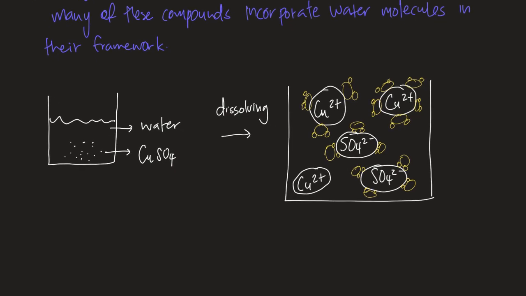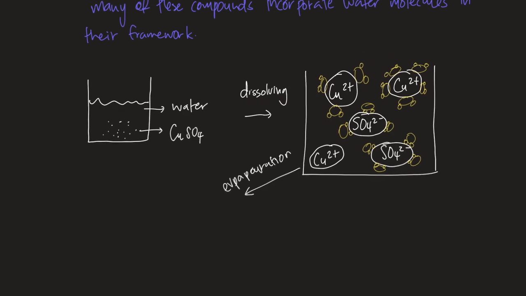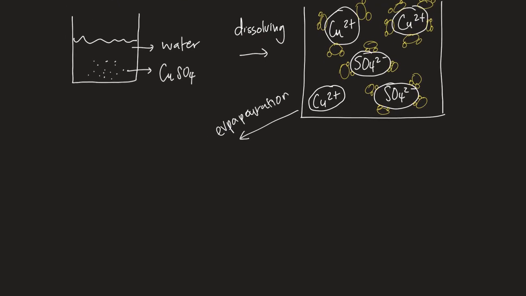Now if I want to take this dissolving situation and go through the process of evaporation, what we want to do is get rid of the water. The problem with that is we can't get rid of all the water. We can't completely dry that salt out.